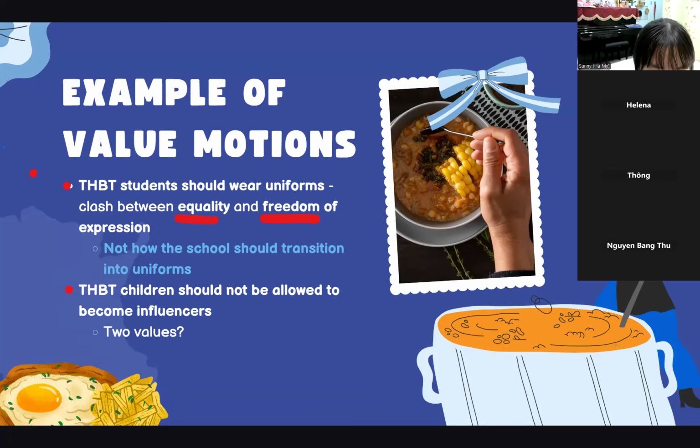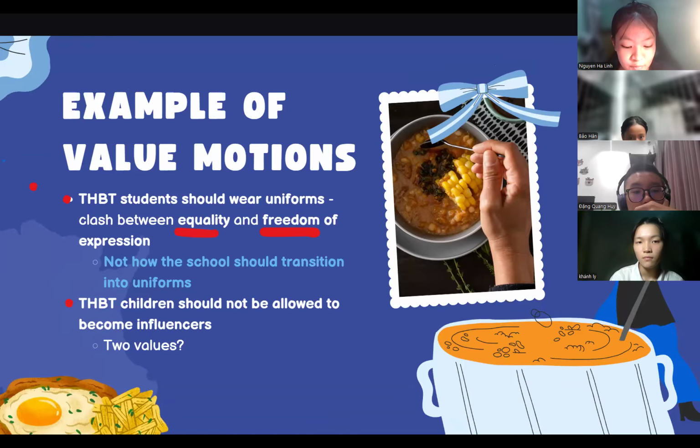Let me ask, Haling, what do you think? I think two values are like first is privacy laws. Like many followers will keep track of you, and you cannot have a private space for yourself.